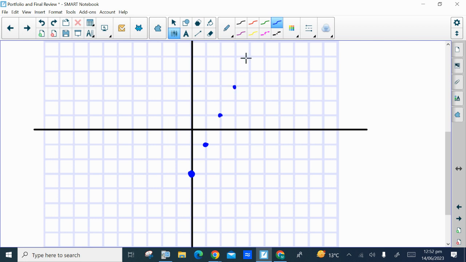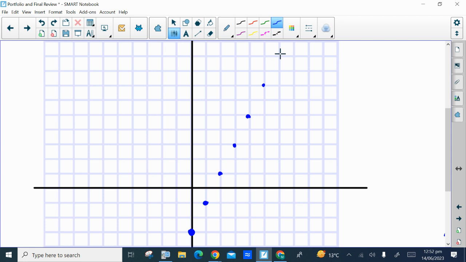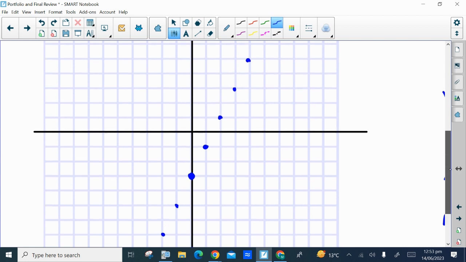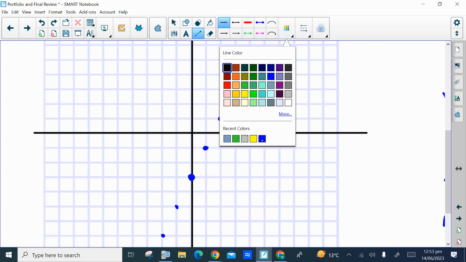And you can do that multiple times until you run out of room on the graph if you want. But you can also do this by going -2 over -1. Rise -2 and run -1. You can do that as well. That will work. So we can graph this line now.